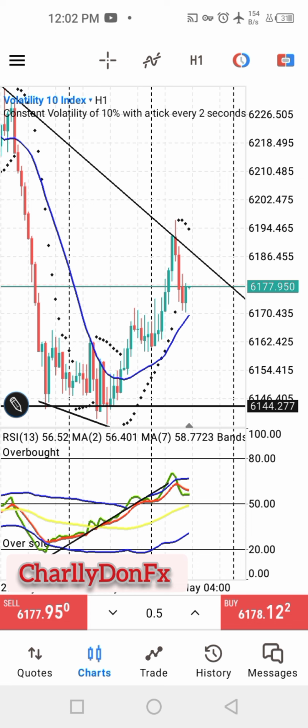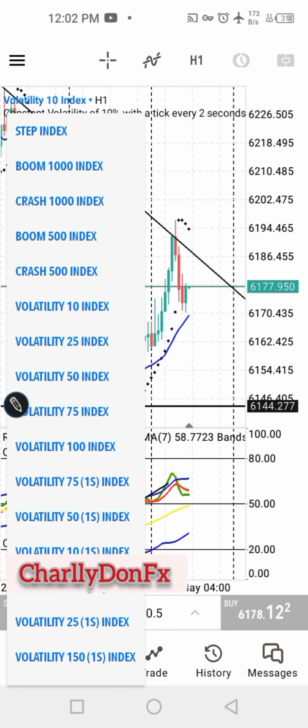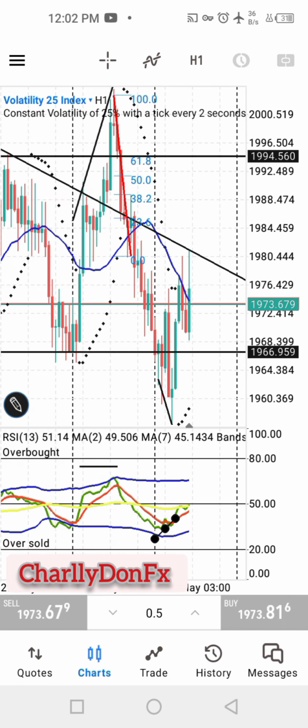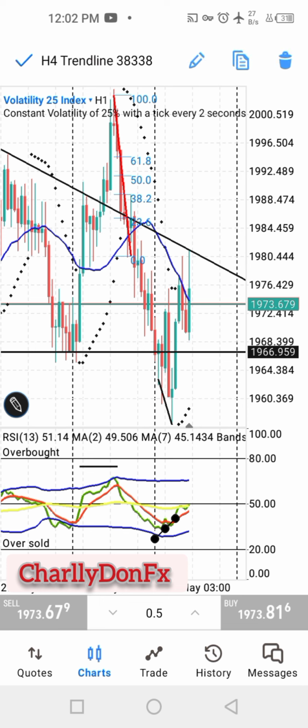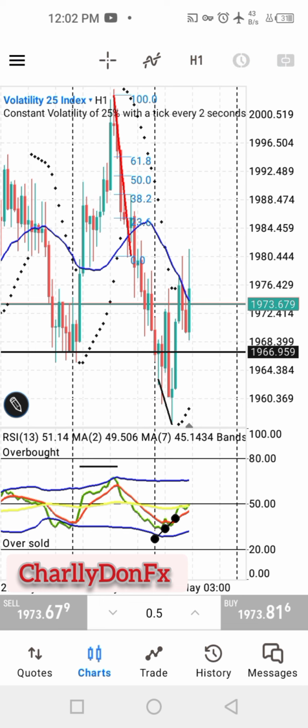Now, in the case of selling, if you want to sell, now let's head over to our yesterday's trade. That's a V25. Let's take all these things off, so I'll be able to explain much better.